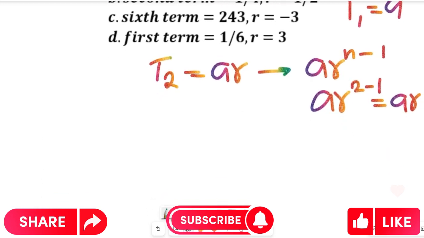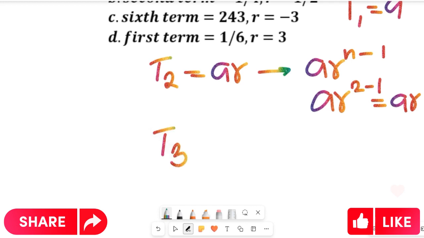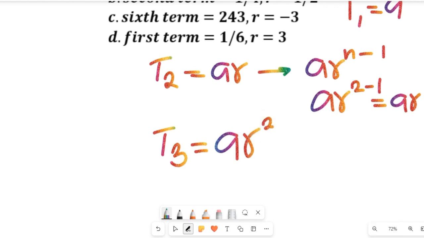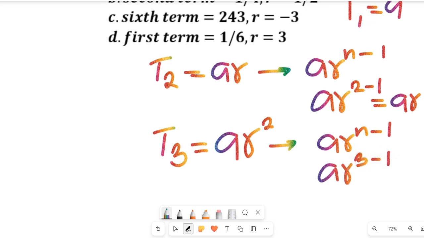Now the third term of any geometric progression, T3, will be equal to AR to the power of what? 2. Now how do we get that? We're going to have AR^(n-1), and the number of terms is 3, so we'll have AR^(3-1), which will be equal to AR squared.